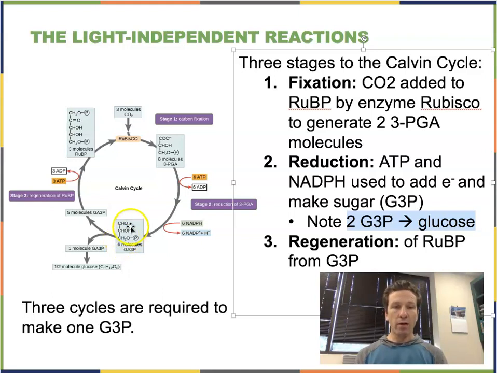Second, I want to point out a couple of things about this regeneration process. You can see that G3P has 3 carbons, and we've already said RuBP has 5 carbons. That makes it really complicated to regenerate RuBP from G3P. And the math works out like this. If we can take 5 G3P molecules and combine them together and rearrange, 5 times 3 carbons is going to give us 15 carbons to work with.